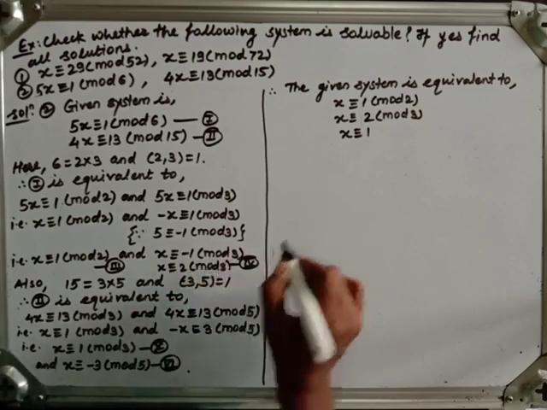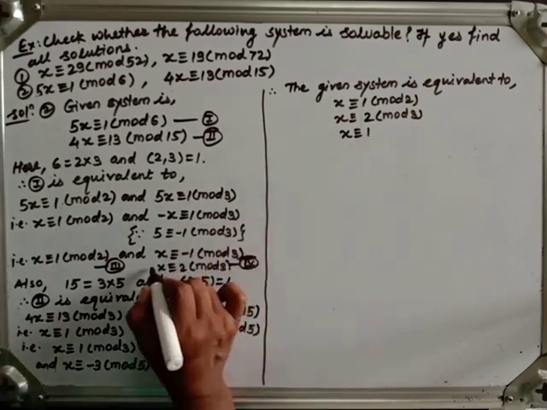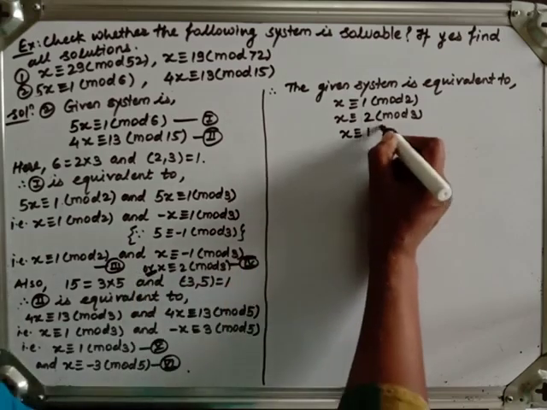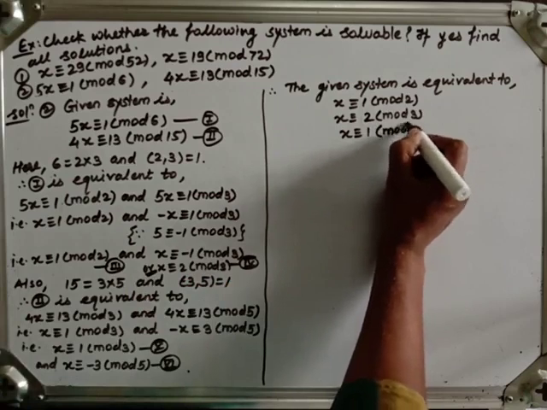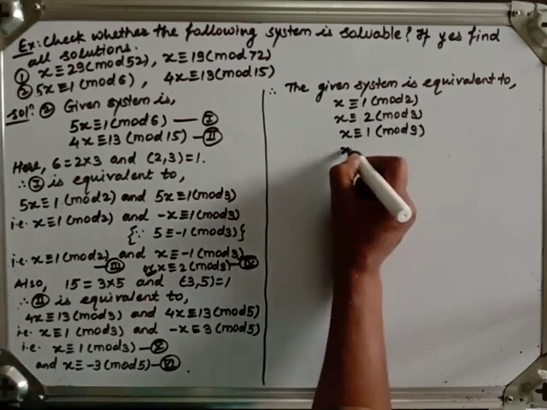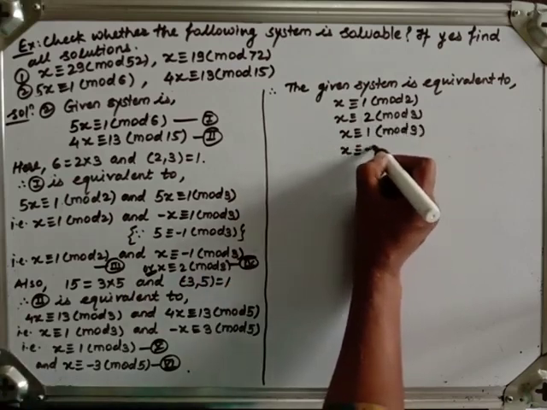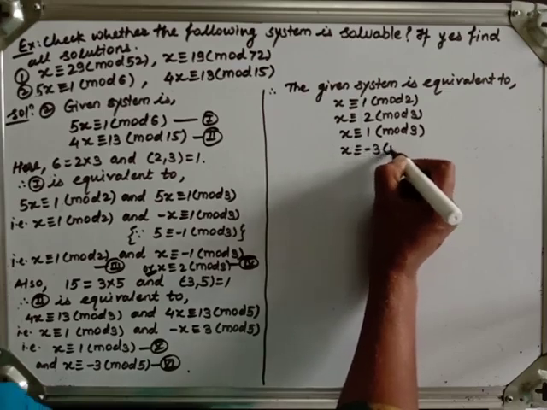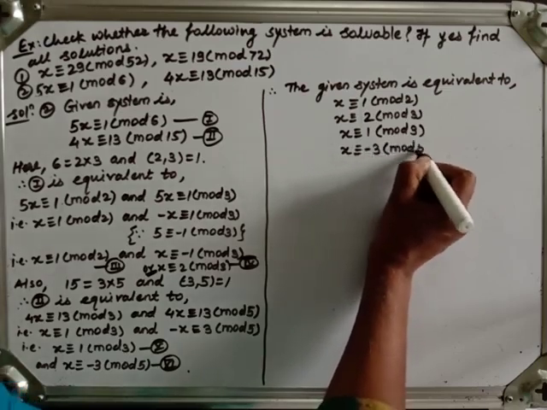Remember, these are equivalent. And then x congruent to 1 modulo 3 and x congruent to minus 3 modulo 5.